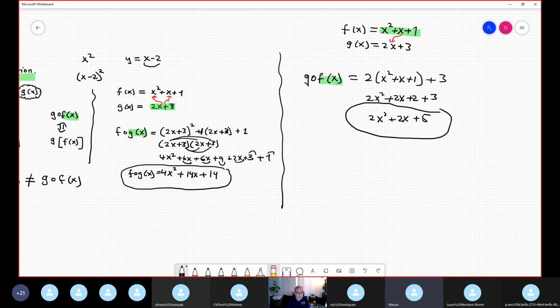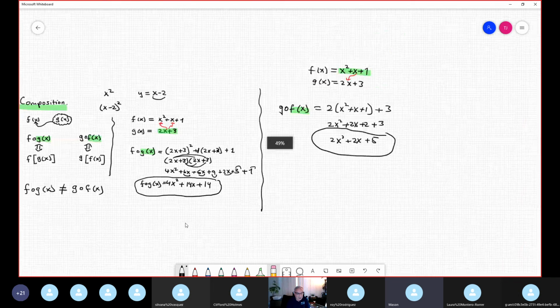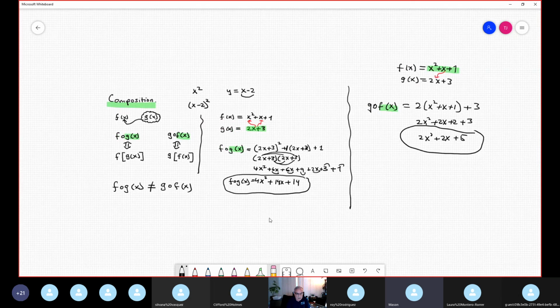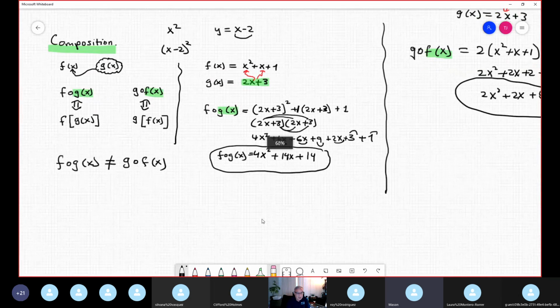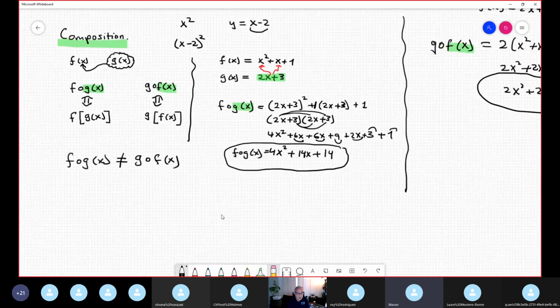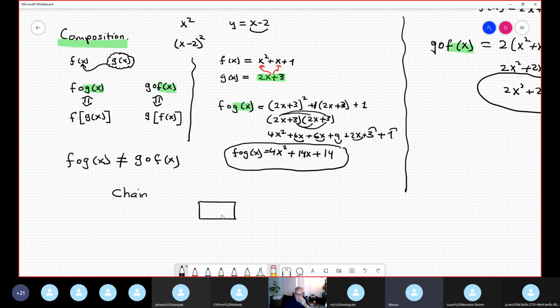Then, what about, professor, the domain? Well, domain is a little bit complicated, because the composition behaves like a chain. You have a chain of functions. Look at that. I suppose in my mind that the function looks like a black box.